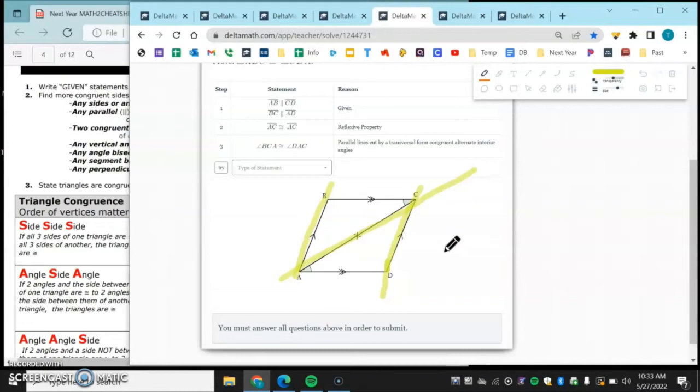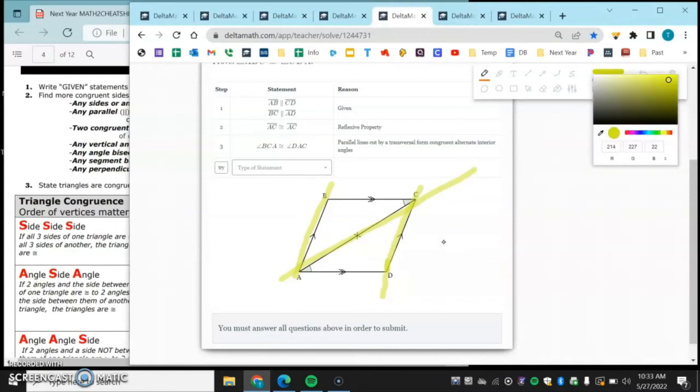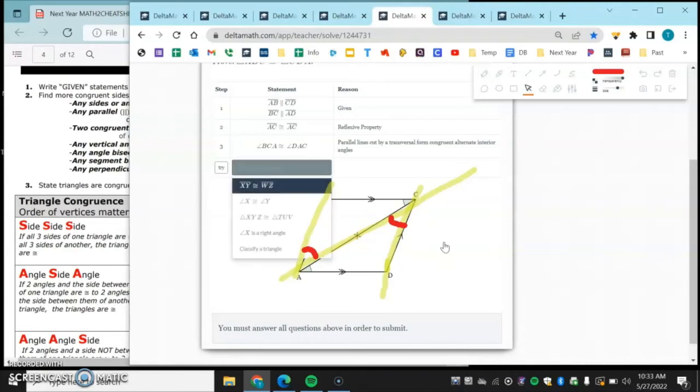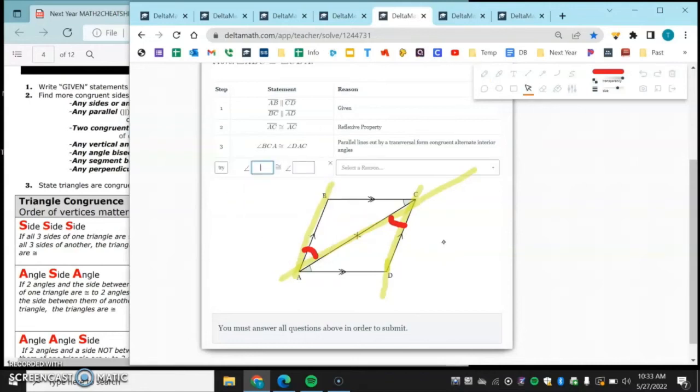And in these two triangles, do we also have alternate interior angles for this one? Yes, we do. The two angles that are alternate interior angles would be this angle right here and this angle right here. Those are alternate interior angles for parallel lines. So we'll put that statement as well.